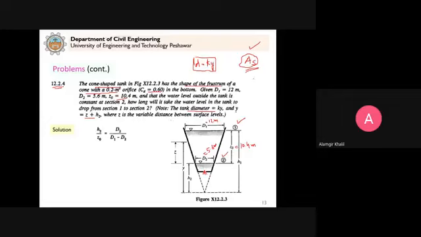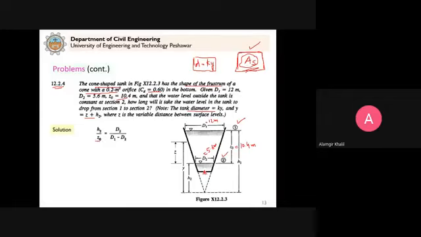There are actually two approaches. I will teach you two approaches. How you can follow, up to you. Whichever one you easily understand and is convenient for you, you can follow and solve the problem. So the first approach is that we can compare the similar triangles that can form here.